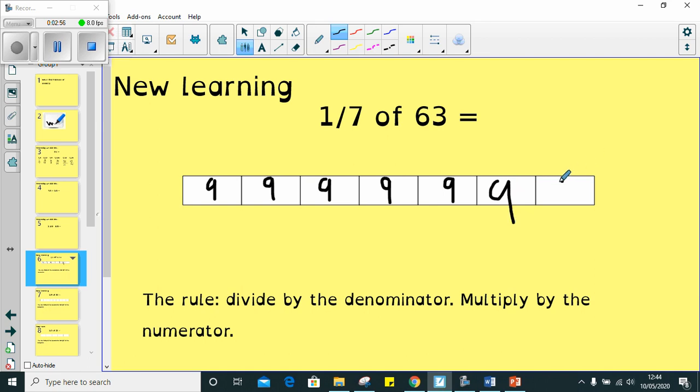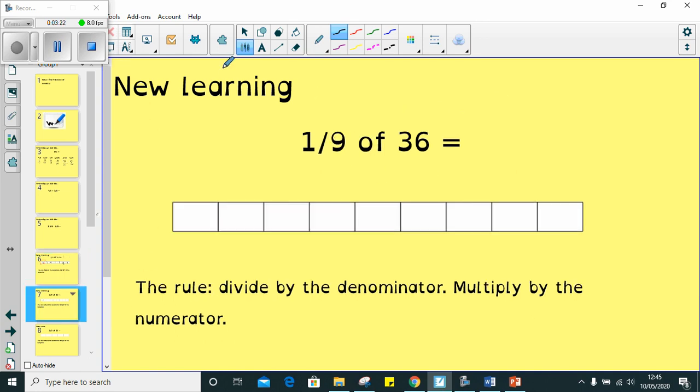Oh, that's a bad 9, because I'm dividing 63 by 7, which means there will be 9 in each box. And I only want 1/7, which means I only want one part of it. So 1/7 of 63 is equal to 9, just like that.